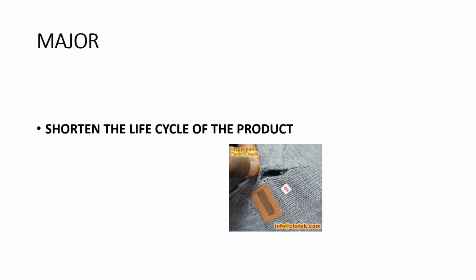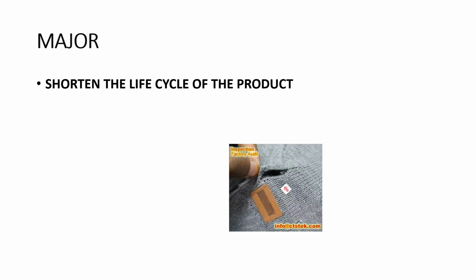Now, what are the other important features of such a defect? If a major defect is there and you try to use the garment, can you use its total useful life? No, because holes have been created in the fabric. From there it will propagate.